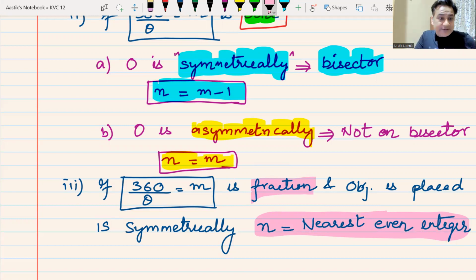And I'll just show you a table, and probably you will be able to understand this when you give me a go-ahead that, sir, we are done with this. So I'll just show you a table with different values of theta, and you will be able to make out what we have just discussed. Are we done with this, my dear friends?